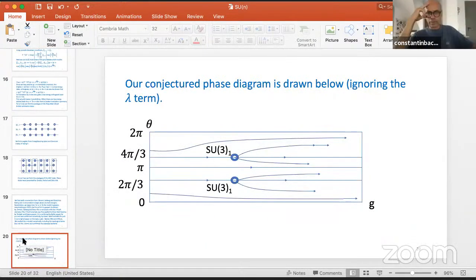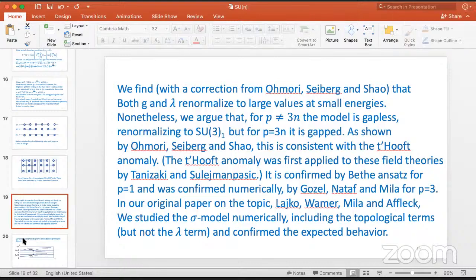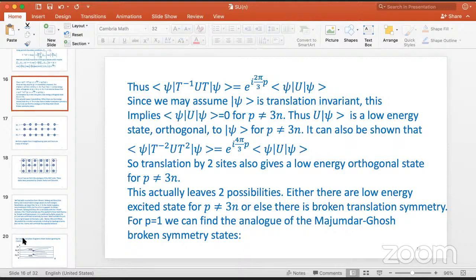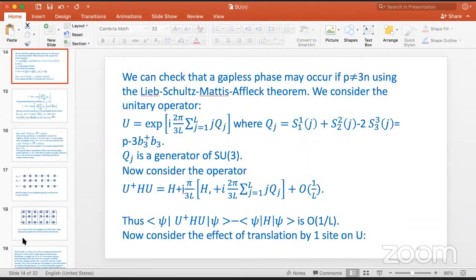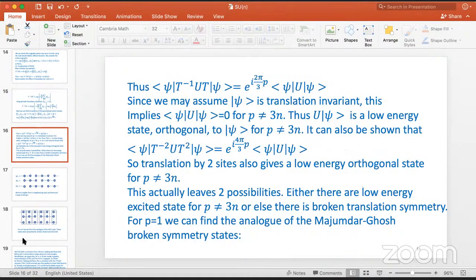So, question? Yep. Can you say a little more about this 't Hooft anomaly argument? I think the 't Hooft anomaly is somewhat reminiscent of the Lieb-Schultz-Mattis-Affleck theorem, except it applies to the field theory. And I think it tells us that certain states can have broken symmetries and other states cannot.